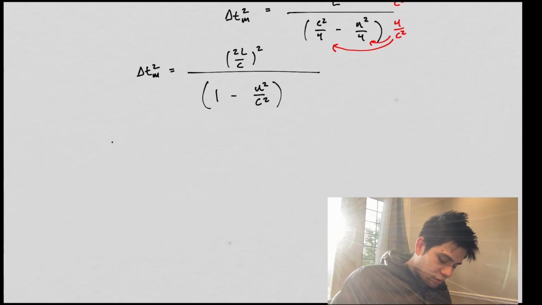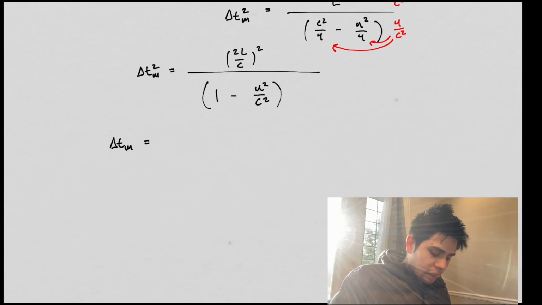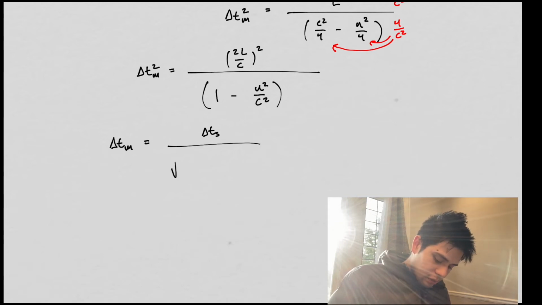So if we take the square root of both sides, we get delta Tm equals this squared. Well, this is just, remember, this here is just Ts. I just alluded to that right now. So this is delta Ts, and then we take the square root of all this down here. So 1 minus u squared over c squared.